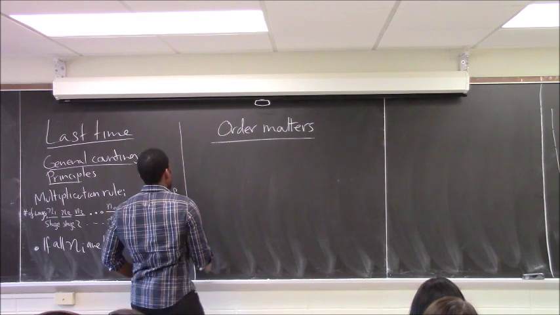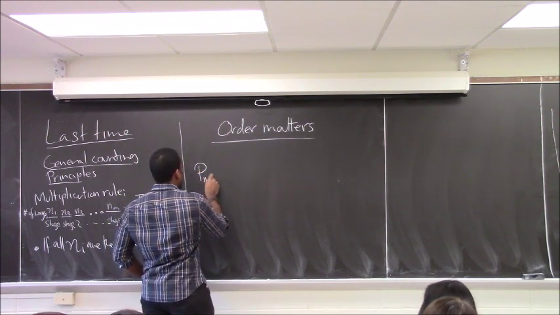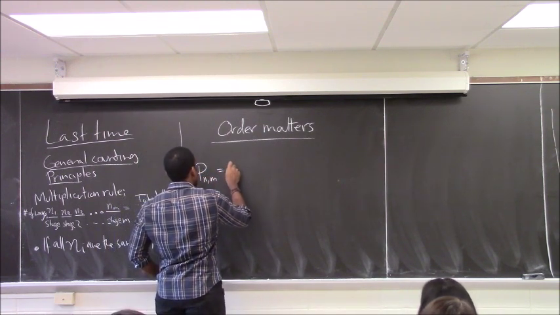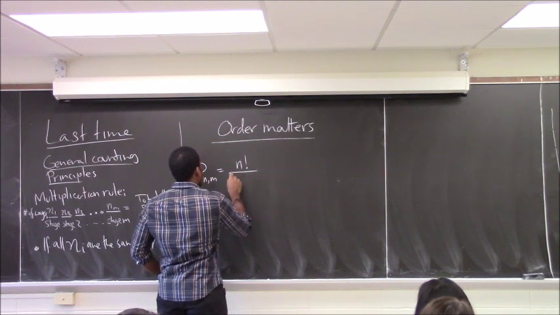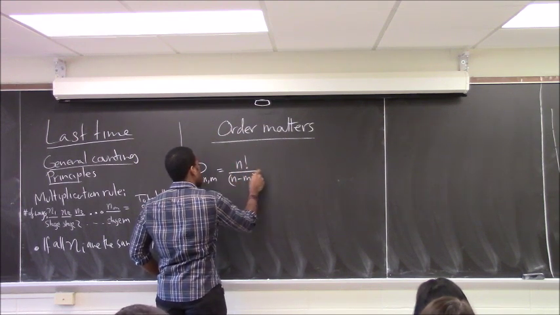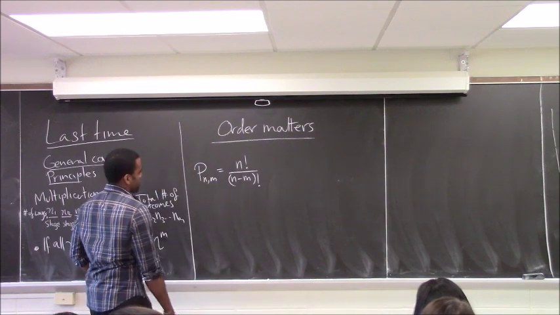And we looked at the permutation, P of n comma m. This is n factorial over n minus m factorial. We're looking at the calculators.